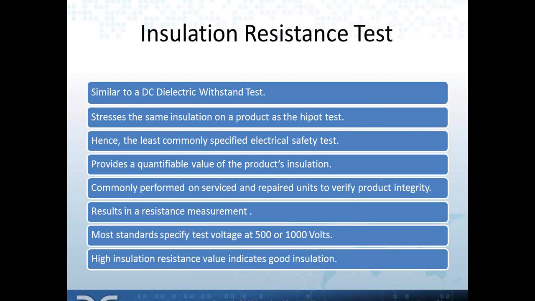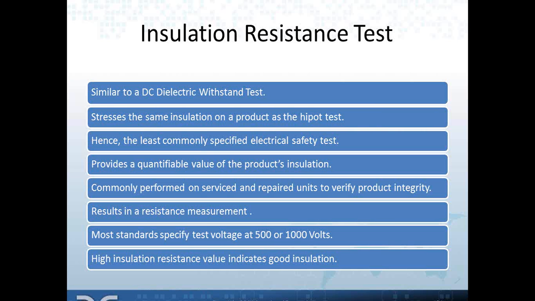Okay, insulation resistance test. This test is basically used to provide the manufacturers of a product with a quantifiable value for the resistance of their product's insulation. The insulation resistance test is very similar to a DC dielectric withstand test.